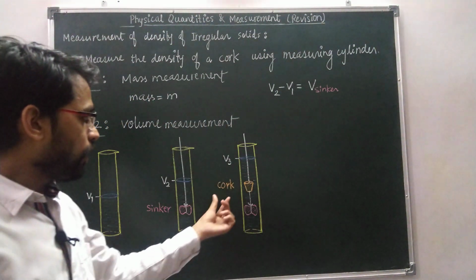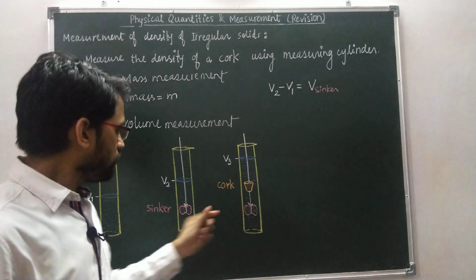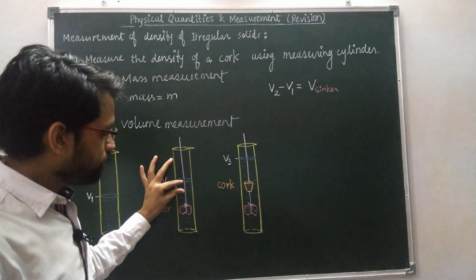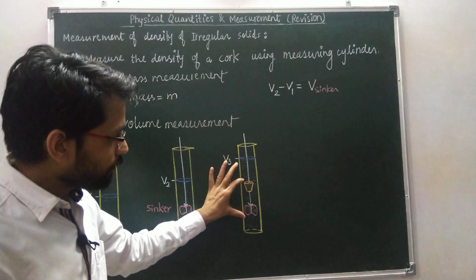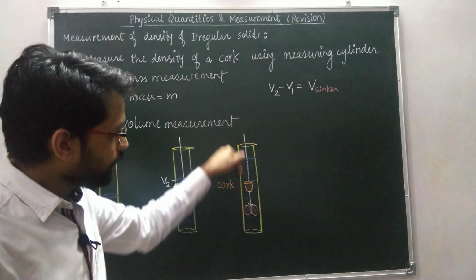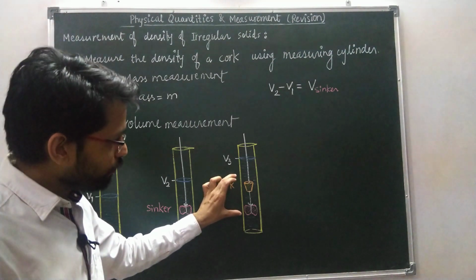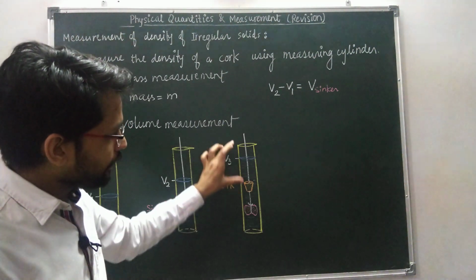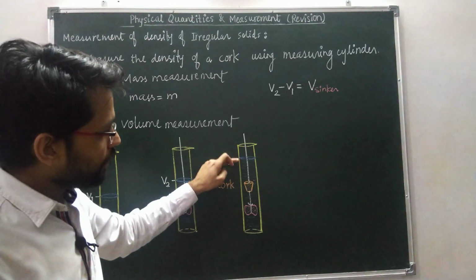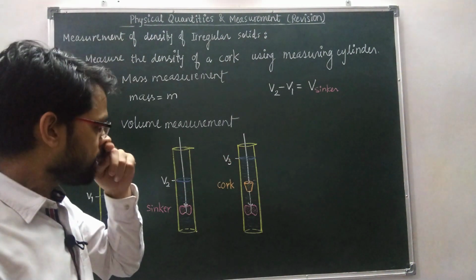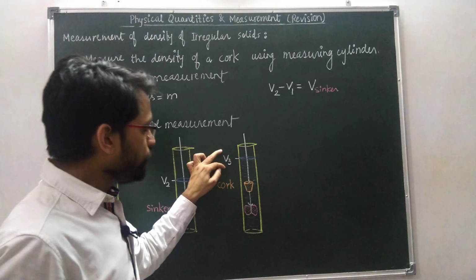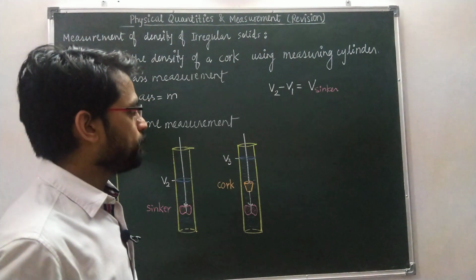Now attach the cork to the string and immerse this combination into the liquid. When you do so, the liquid level rises up, and say the new volume is V3.